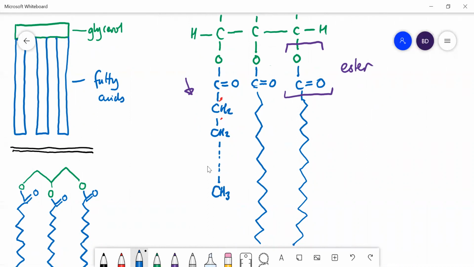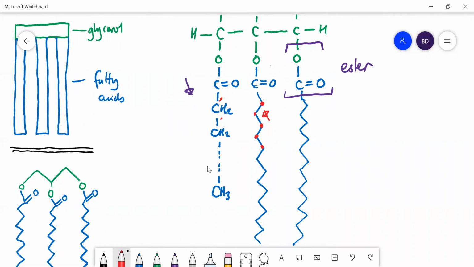Because that's pretty time consuming to write, very often you use the skeletal method, which is the way I've drawn it here. In these zigzags, every one of those is a carbon atom. You don't put the C in because it's easier, and you don't draw the H's on it. You just presume that however many bonds are free, they are taken by hydrogen atoms. All of those are forming 2 bonds to other carbons, which means they've got 2 bonds free for hydrogen.